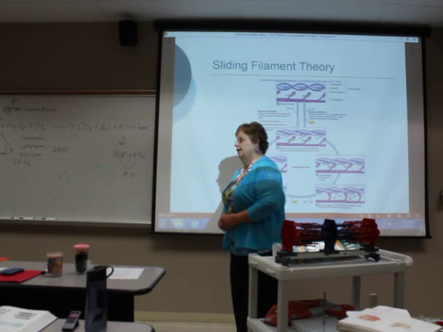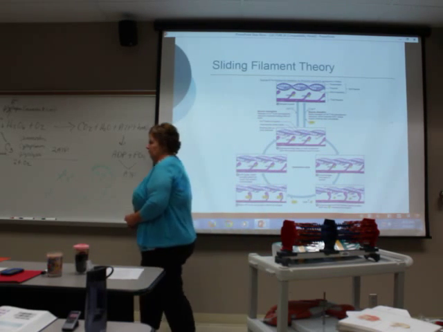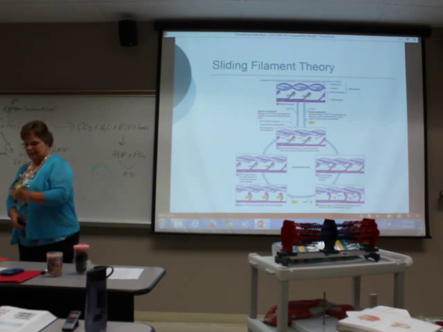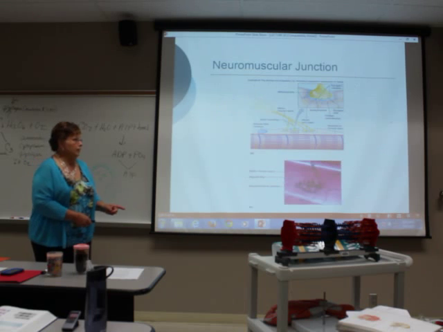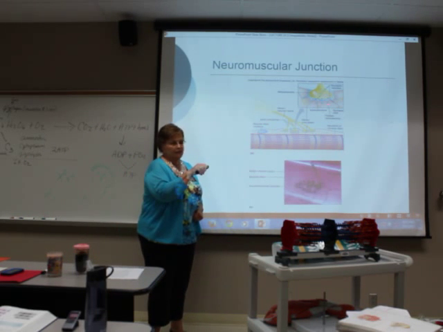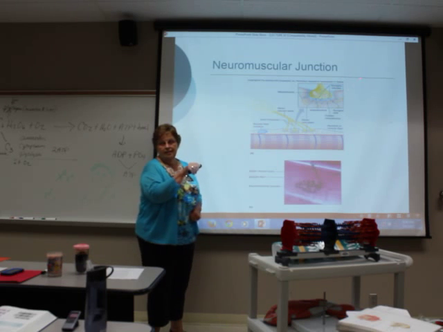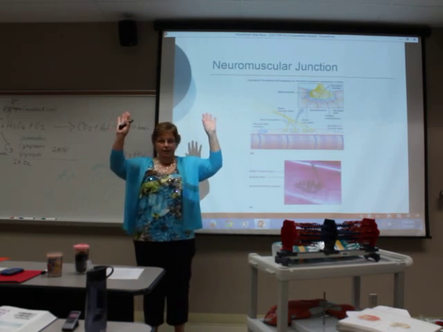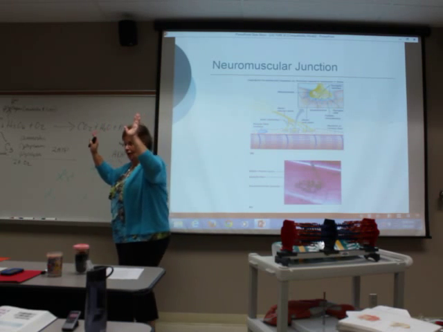So now, for a muscle to contract, I have to have what first? A stimulus. I better be able to make sure that there's what here? Acetylcholine. I better make sure there's what on the other side? A receptor, hey?